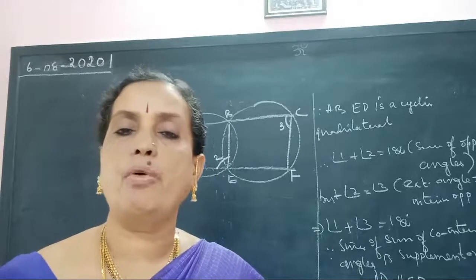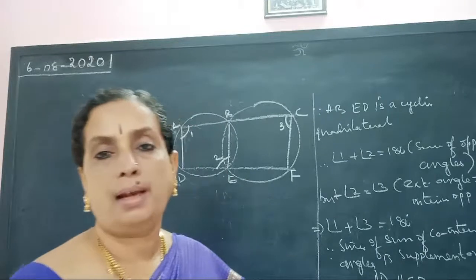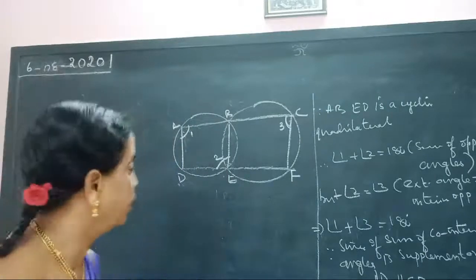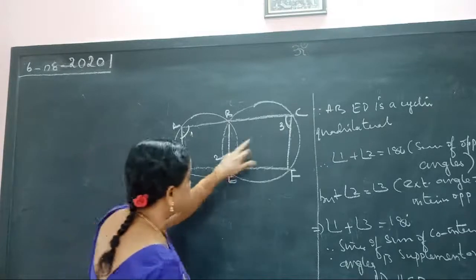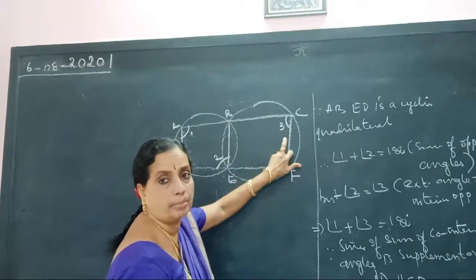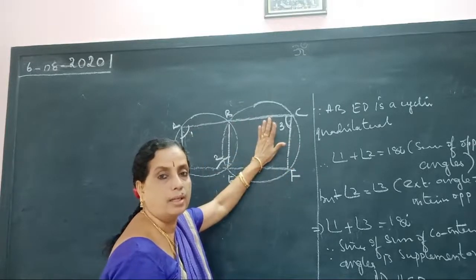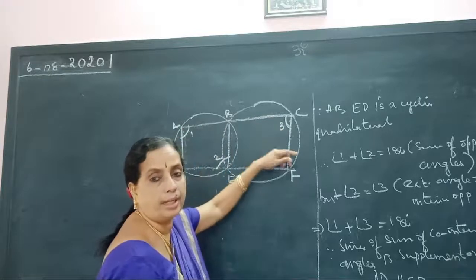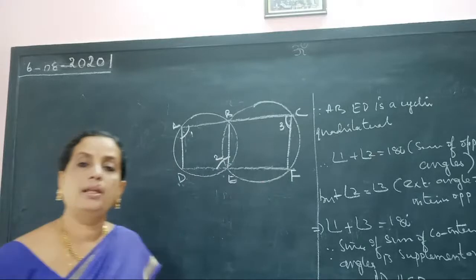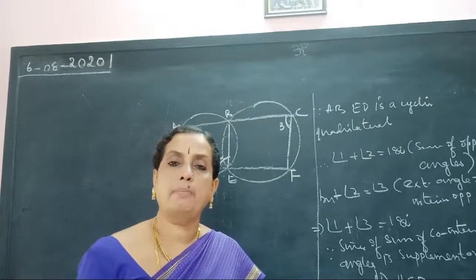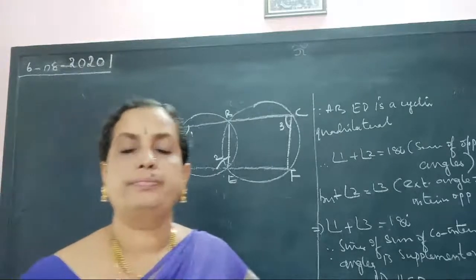If the sum of co-interior angles is supplementary, then the lines must be parallel, hence the result. That is, 1 plus 2 is 180, but 2 is equal to 3, by the exterior angle property. Therefore 1 plus 3 is 180. Since they form co-interior angles, and the sum of co-interior angles is supplementary, the lines must be parallel. So AD is parallel to CF.